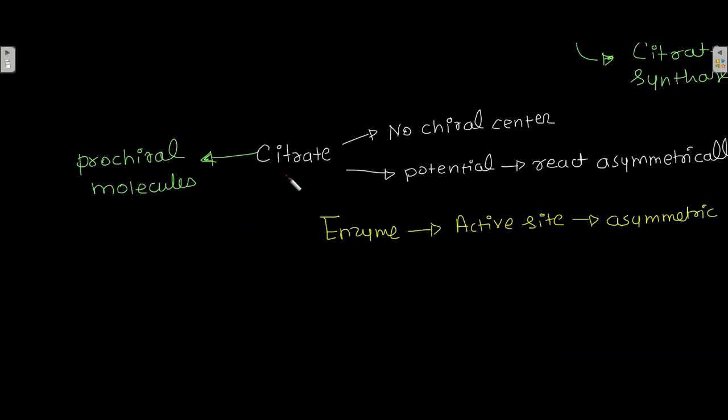Such molecules like citrate are known as prochiral molecules. Even though they don't have a chiral center, they will react with an enzyme whose active site is asymmetric. So citrate is a prochiral molecule.